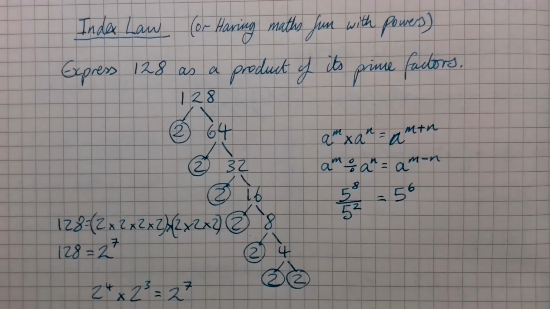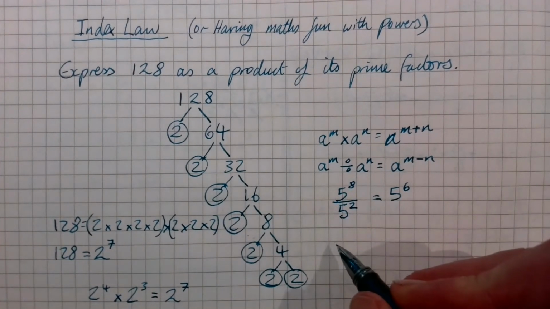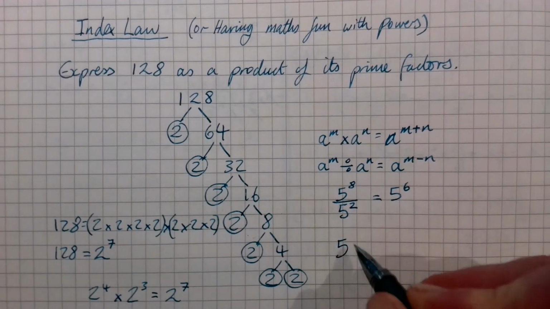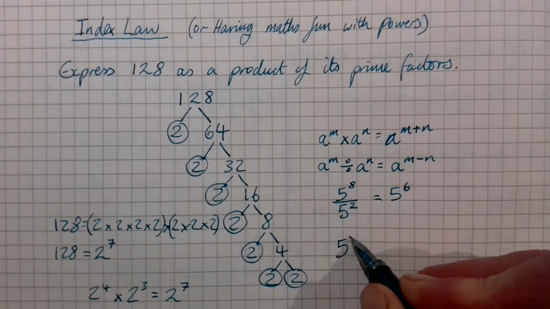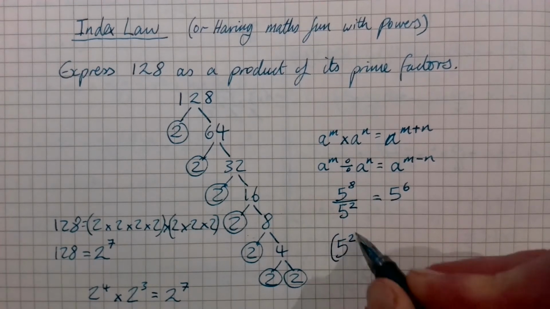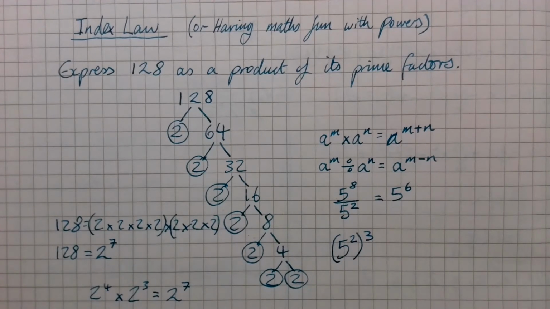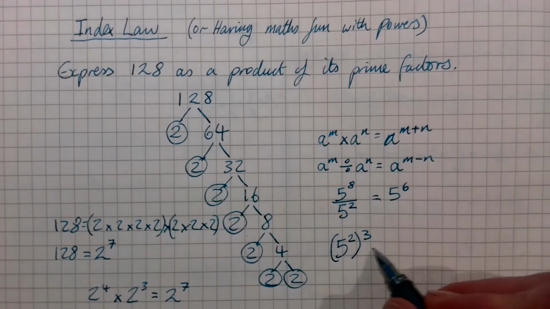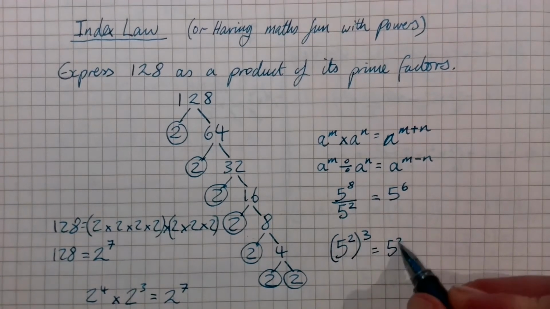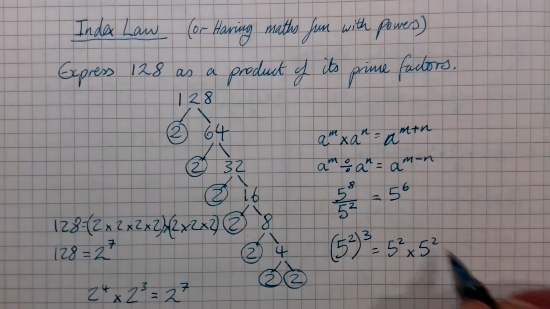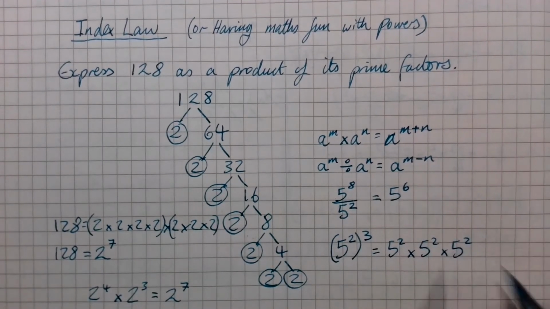Next up, what do you think would happen if I had 5 to the power of 2 in a bracket to the power of 3? Well, because that literally means that times itself, so we've got 3 lots of it timesing by itself.